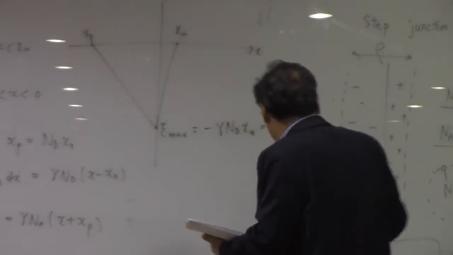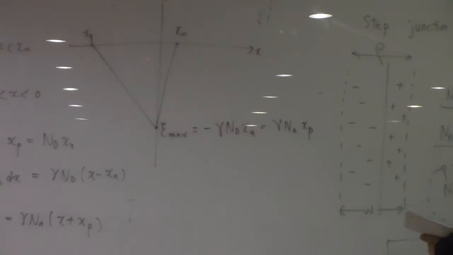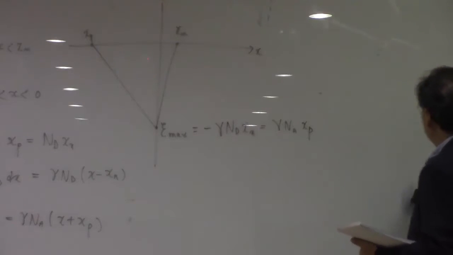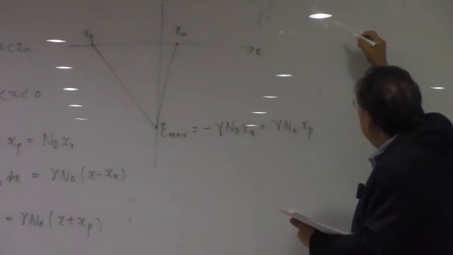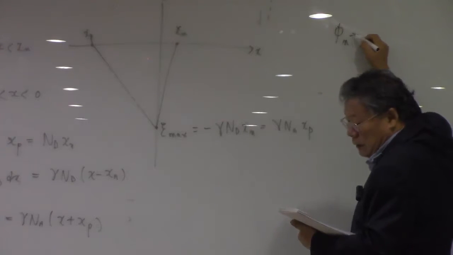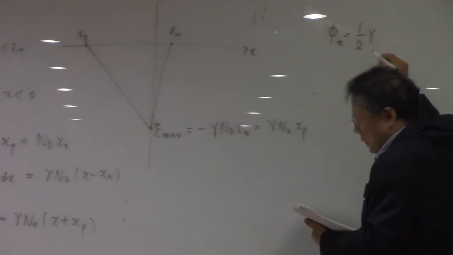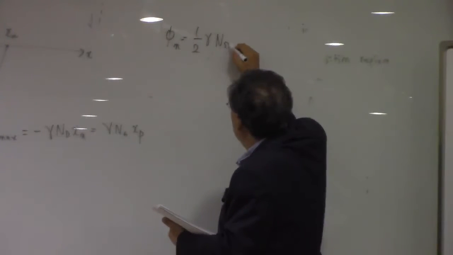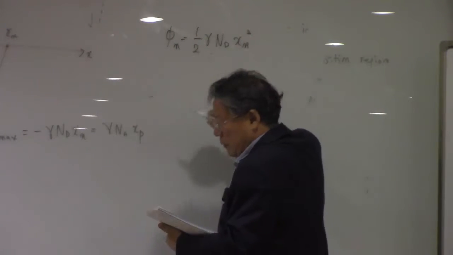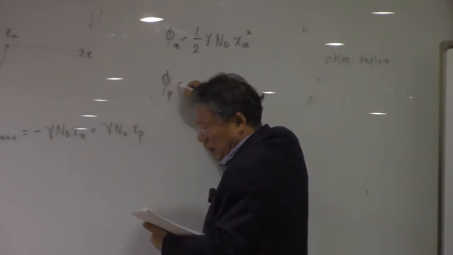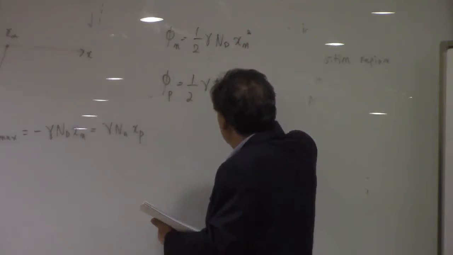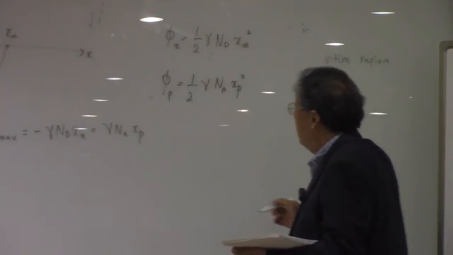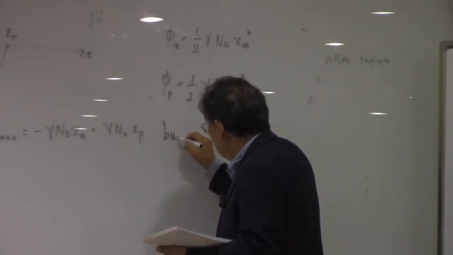And what about the potentials? If you do the integration with respect to x of this electric field, then you'll find the potential, and that is q ND xn squared. Of course, you can do the same thing for the p-type, and then the equation is going to look like this.